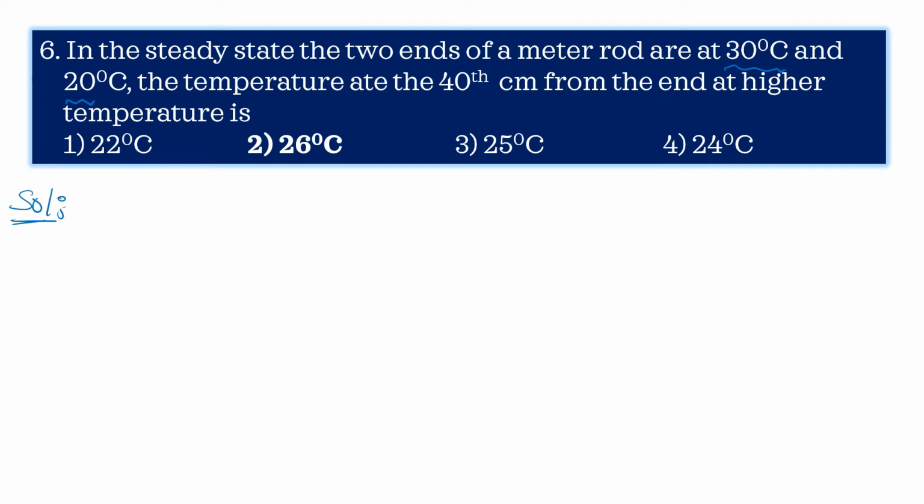This is the rod. Temperatures are 30 degree centigrade and 20 degree centigrade. The length of the rod is 100 centimeter. Now L1 is equal to 40 centimeter, the 40th centimeter from the end at the higher temperature, which we have to calculate.